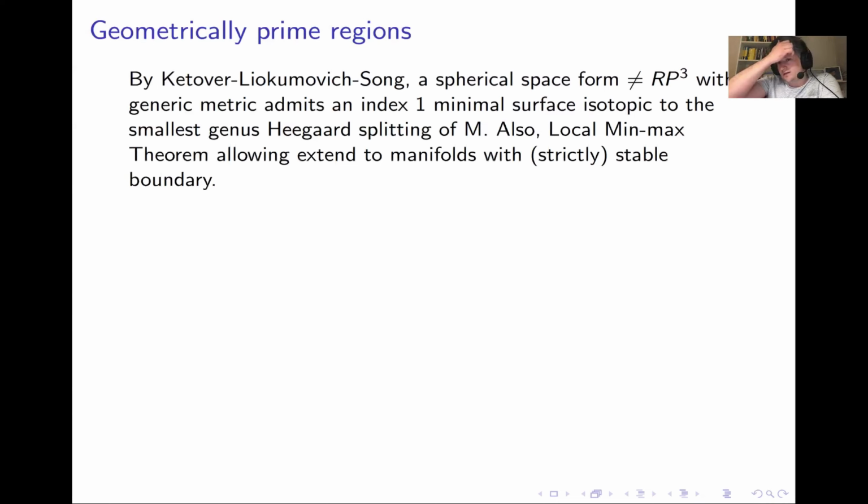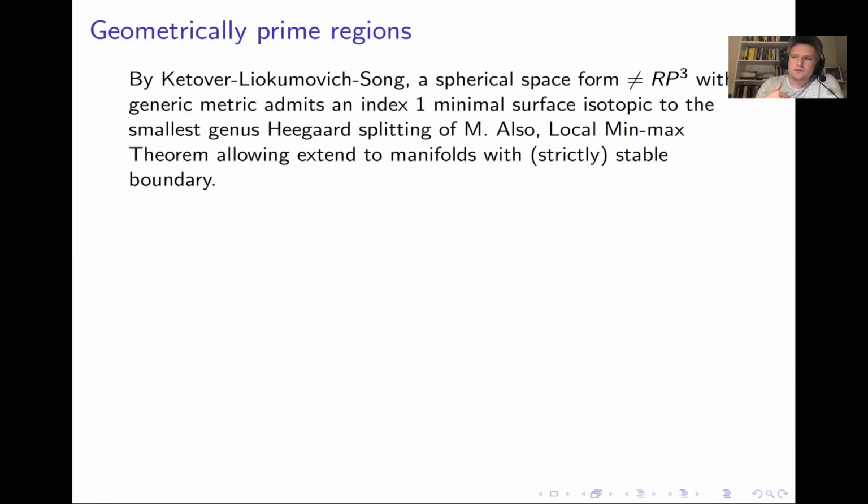So there is this problem of having the stable boundary, but it turns out that in their theory, they have a local min-max theory that allows us to extend this existence of an index 1 minimal surface isotopic to the Heegaard splitting for manifolds that have boundary. Here, strictly stable boundary, but that's okay because we are working with bumpy metrics, so stability becomes strict stability.